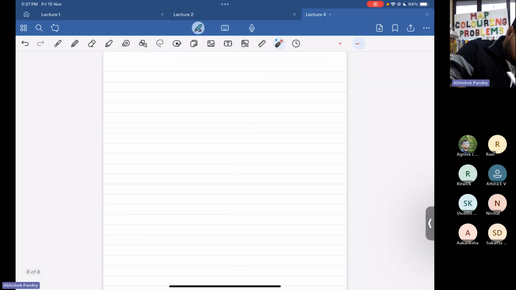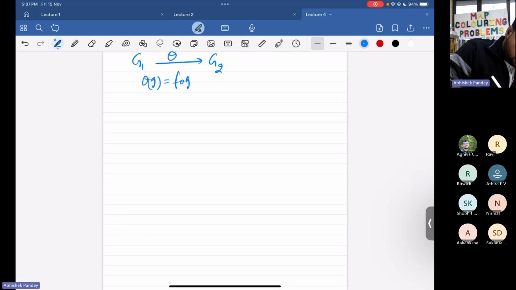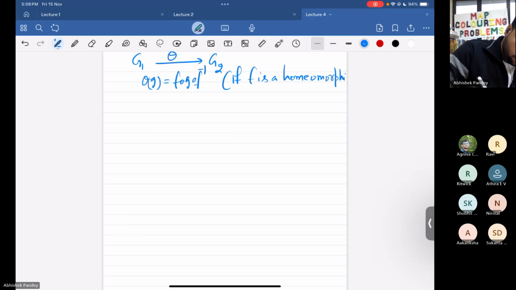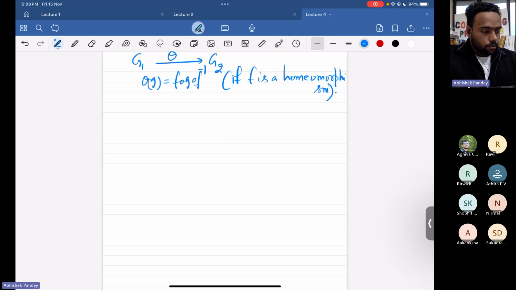Just mention that one. So theta of g is F g F inverse if F is a homeomorphism. Okay, so we will use this concept.